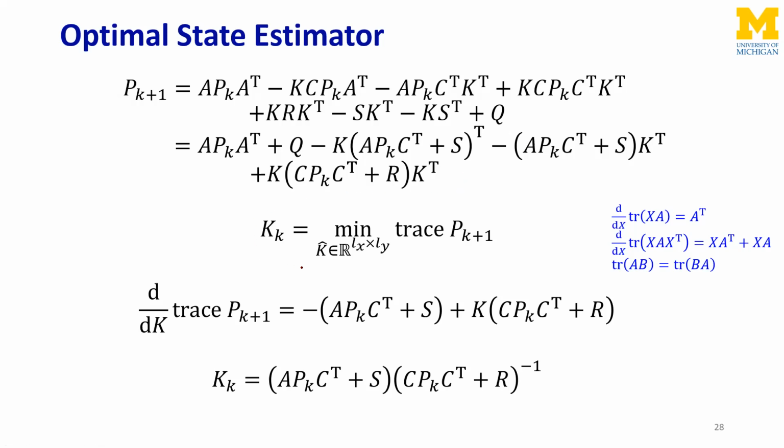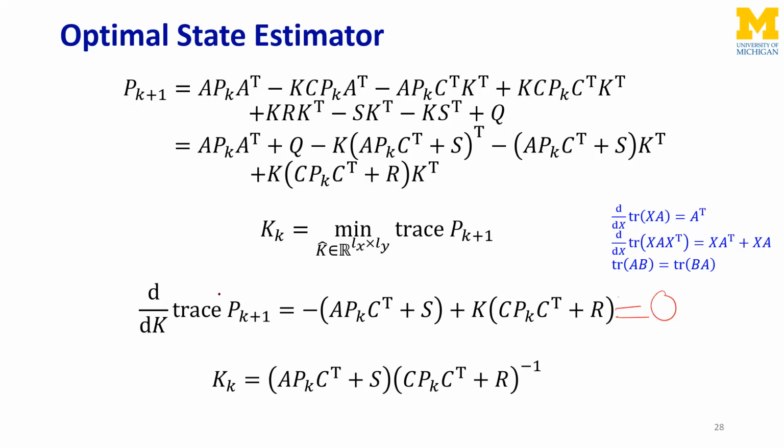And when we minimize the trace of this expression with respect to the gain K, that minimizer is first going to satisfy this equation equals 0.